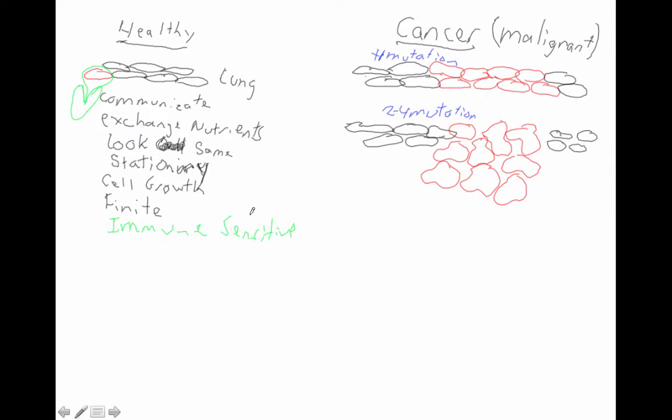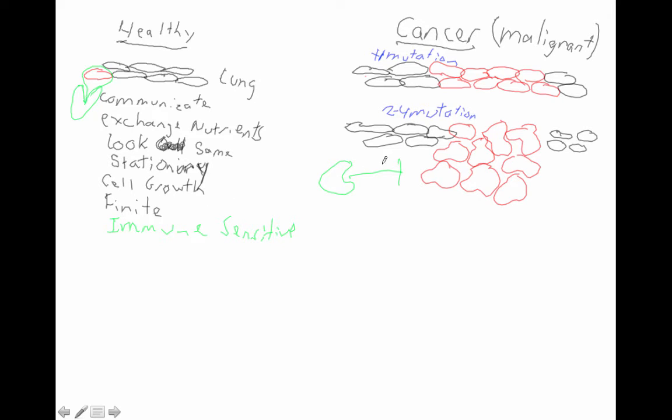That's really important. Now over here, you still have your immune cells, but they can't find these. They've kind of hidden themselves. There's a lot of clever ways that the cancer cells evade the immune system.